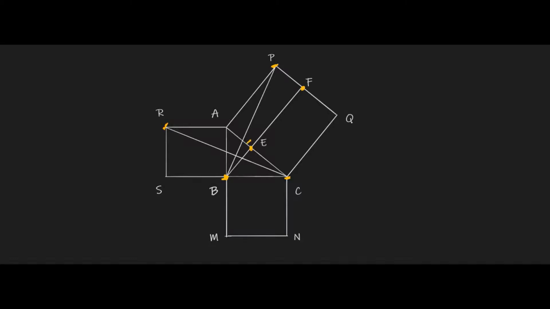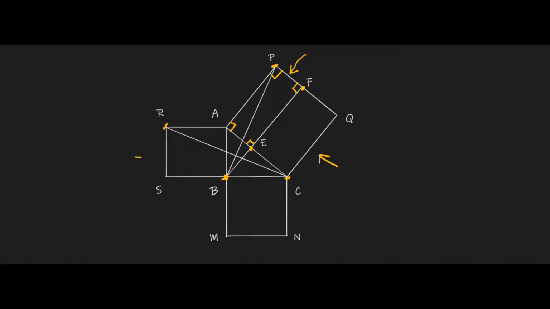So this is 90 degrees and this is 90 degrees. Because APQC is a square, all angles are right angles. So angle PAC is also 90 degrees and angle APQ is also 90 degrees. So that makes APFE a rectangle.